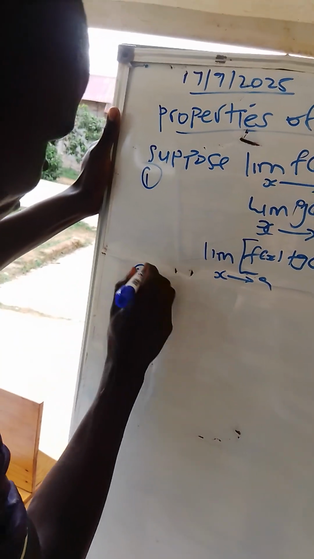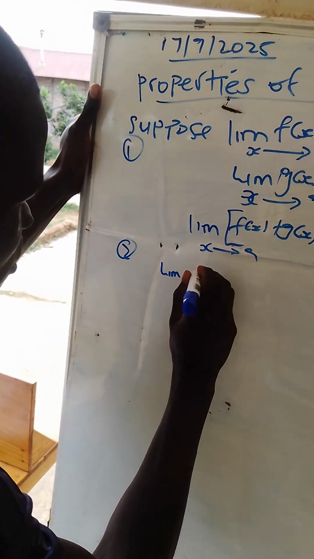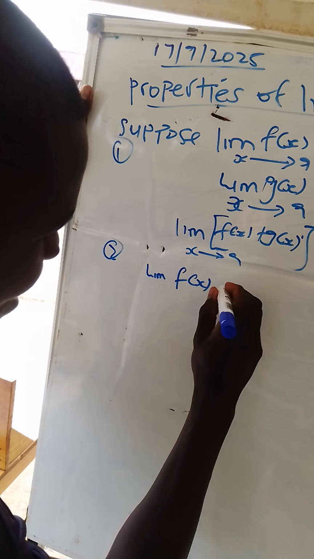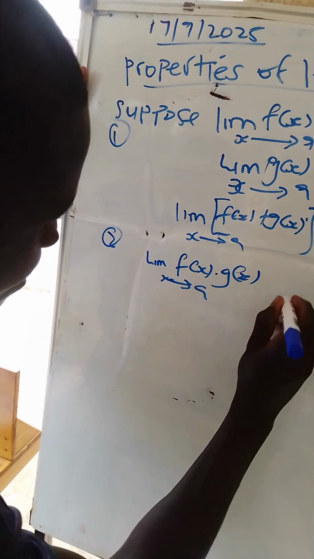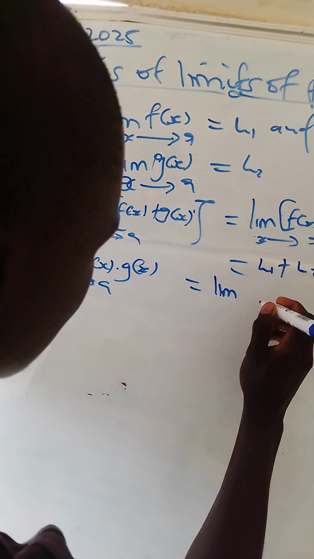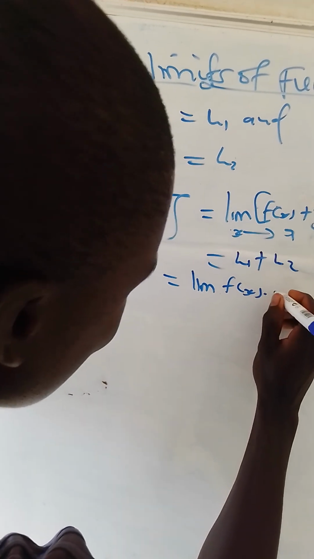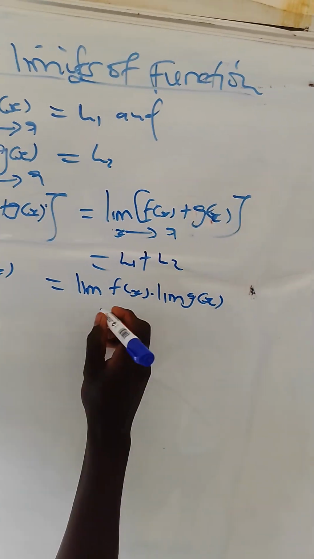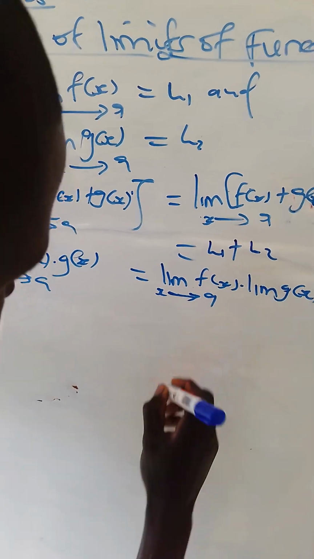Now we are going to look at the second property. For the limit of the function f of x multiplied by g of x for x tending to a, this is written as the limit of f of x multiplied by the limit of g of x for x tending to a.